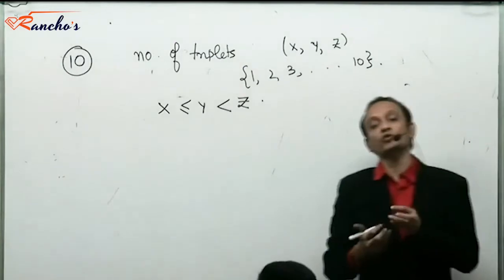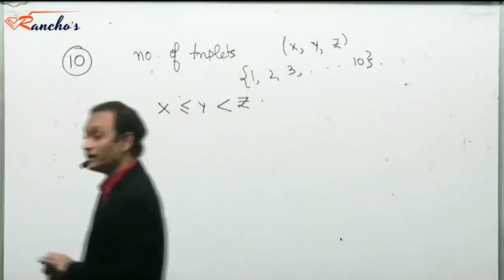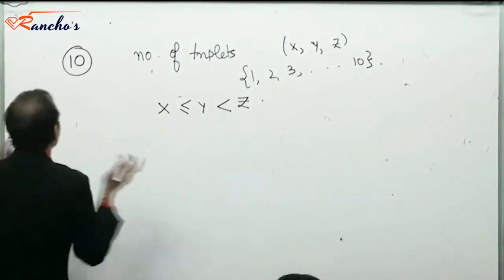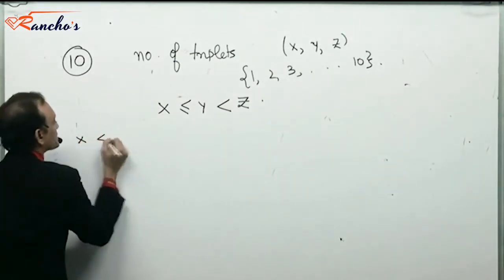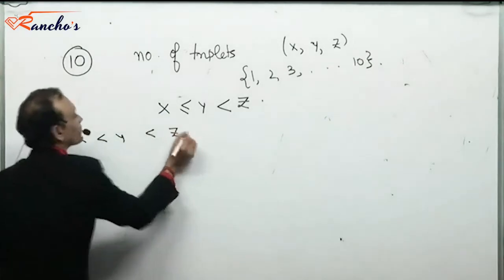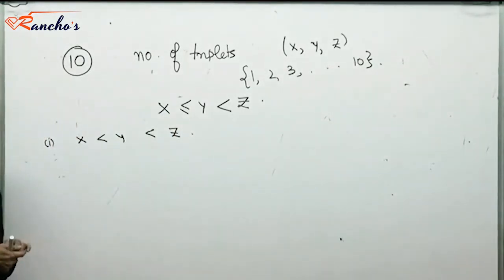Subject to this condition, we want to select 3 numbers x, y and z. So there are 2 different possibilities which we can add. Possibility 1, x less than y less than z, suppose.